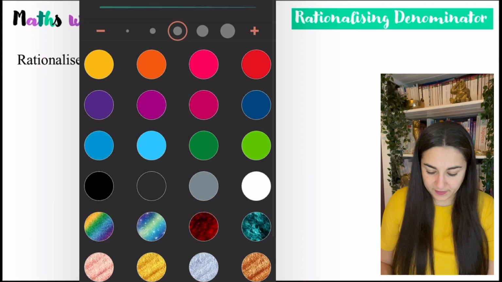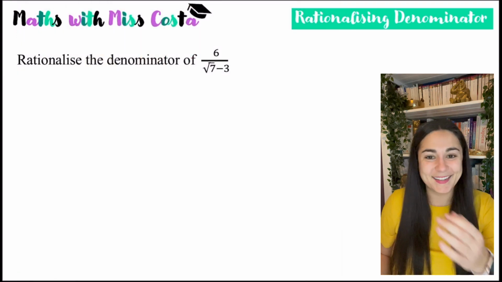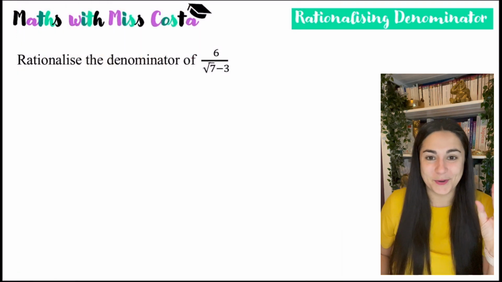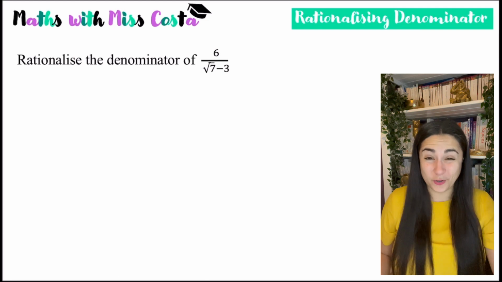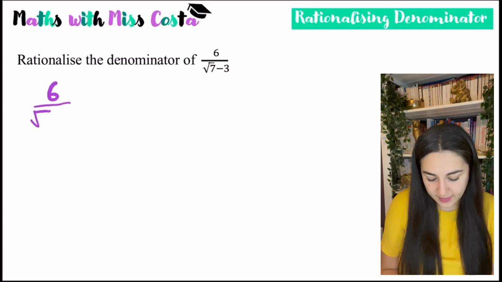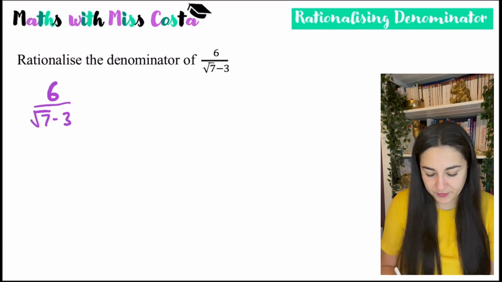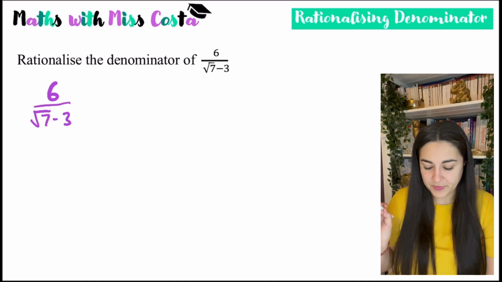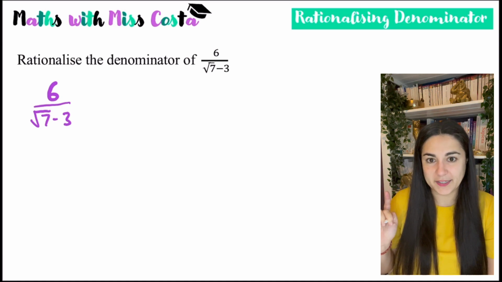Okay, next we've got something that has two terms on the bottom, and what we have to do in this case is find the conjugate, which essentially means the same terms just with a different sign in the middle. So let's see how that works. That goes root 7 take 3. Now just think back to when you expand brackets.